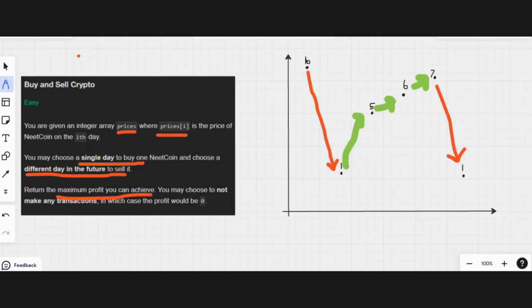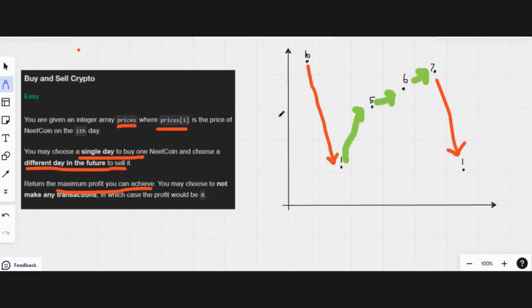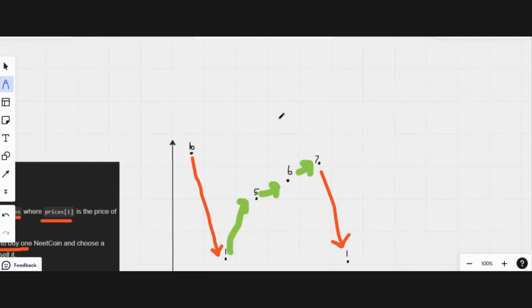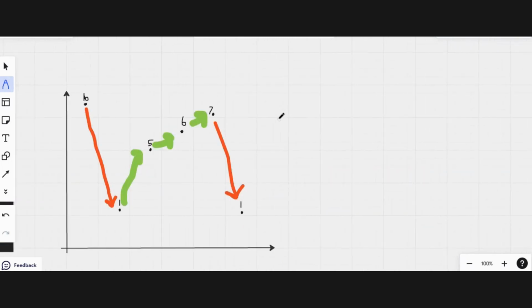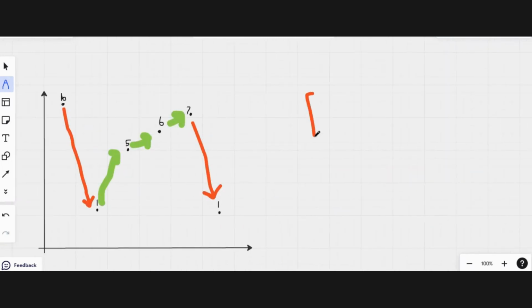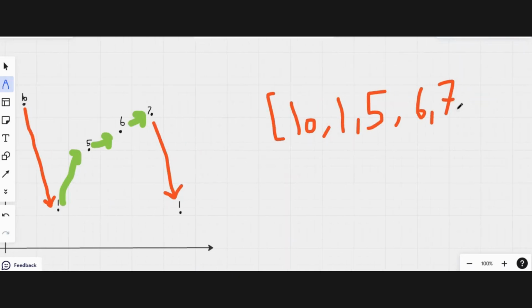So essentially, we have an index, and let's say the array we were given has the numbers 10, 1, 5, 6, 7, 5, 6, 7, and then 1 again.